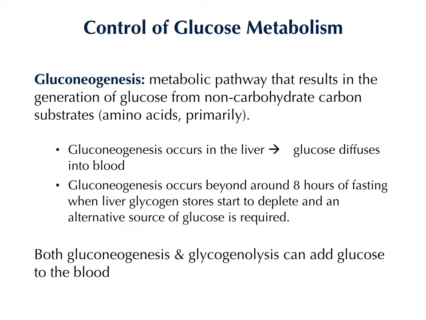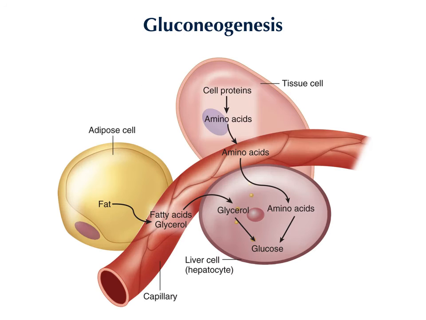And this glucose can diffuse out of the liver and into the blood. In this sense, both gluconeogenesis and glycogenolysis are important for maintaining blood glucose homeostasis by adding glucose to the blood or raising the blood sugar when necessary.